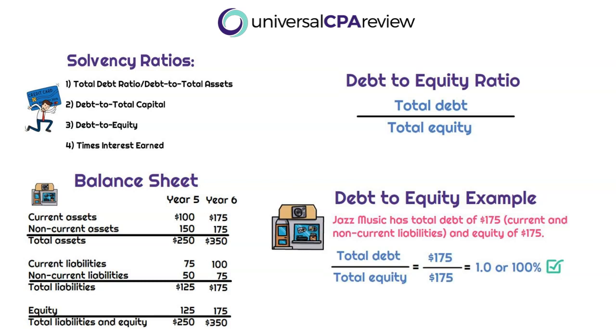Divide those, you get 1.0 or 100%. A ratio of 1.0 means that equity investors and creditors have an equal share of the company's assets. So that is how we can use that ratio to interpret who has what claim to what assets on the balance sheet for the company. Keep that in mind as you work through this.